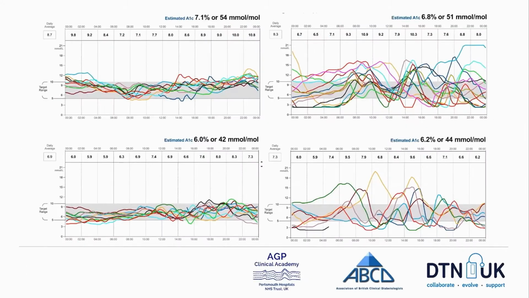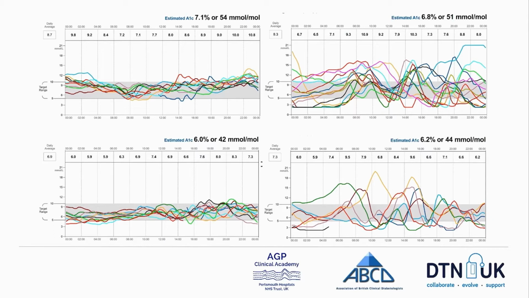So, in this panel, we have 4 individuals and their glucose profiles over a 2-week period collected with the Freestyle Libre sensor. Each pair, the top pair and the bottom pair, have got a similar hemoglobin A1C. But we can see that the overall glucose experience of the individuals represented by each panel is really very different.